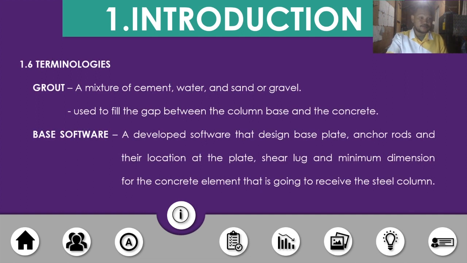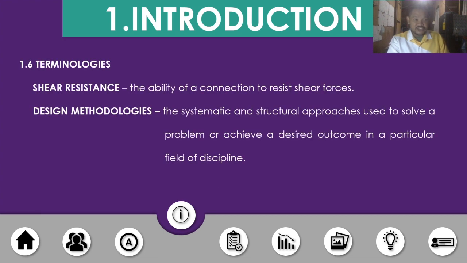Grout: a mixture of cement, water, and sand or gravel, used to fill the gap between the column base and the concrete. Base software: developed software that designs the base plate, anchor rods and their location on the plate, shear lug, and minimum dimensions for the concrete element that is going to receive the steel column. Shear resistance: the ability of a connection to resist shear forces.